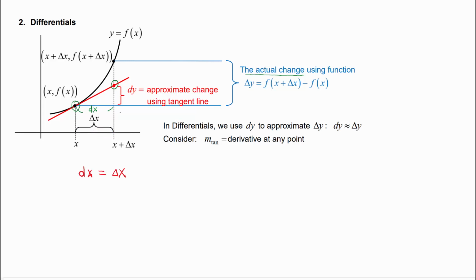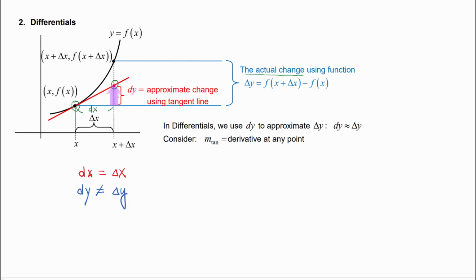However, you can see that the approximate change using the tangent line, which is dy, is not equal to delta y, which is the actual change using the function. You can see delta y is this much and dy is only this much.